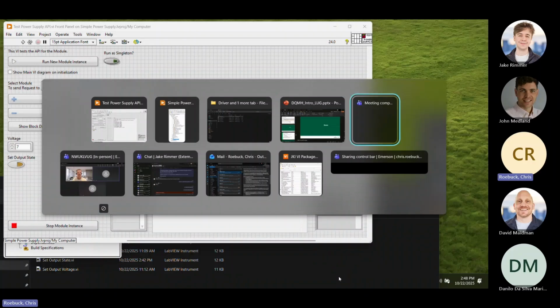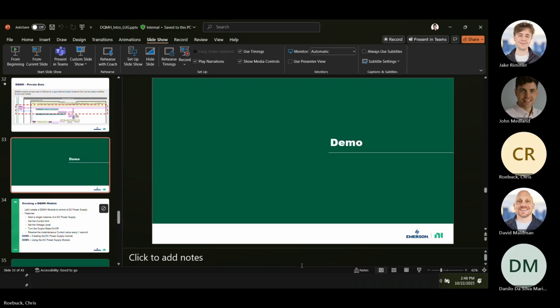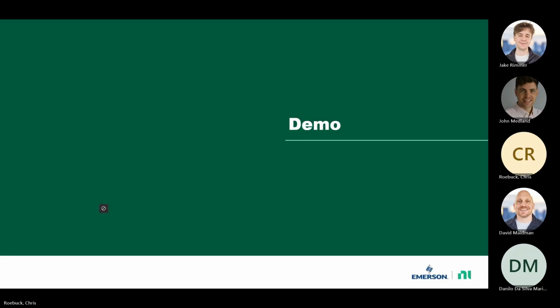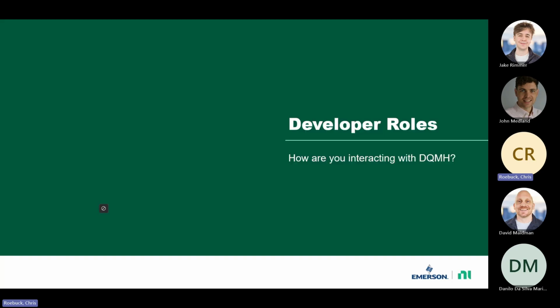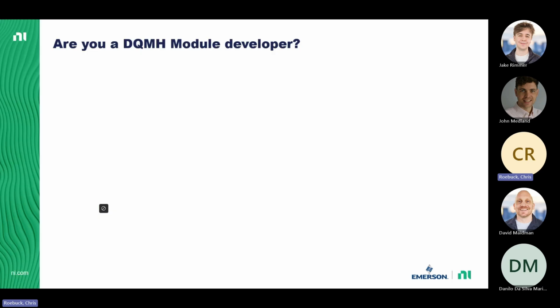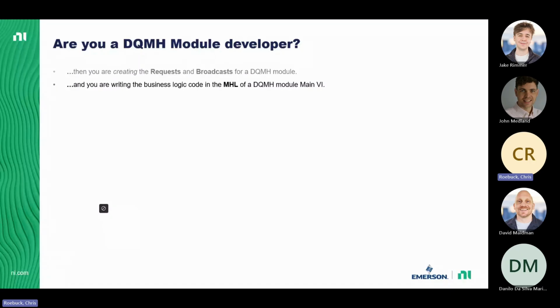So let's go back to the slides just to summarize. So we created a DQMH module. A couple of points before we wrap things up. If you're a DQMH module developer, which I've just fulfilled the role of, I'm the one creating the requests and the broadcasts.